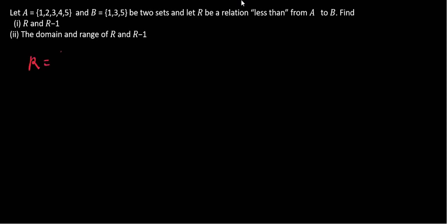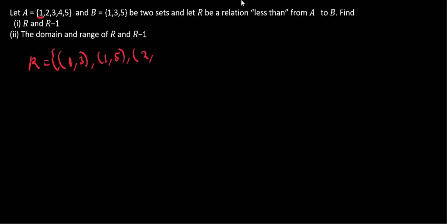The relation in this situation: A is supposed to be less than B. So if I get the 1 here, 1 is less than 3, and 1 is less than 5. Then 2 is less than 3, and 2 is less than 5.